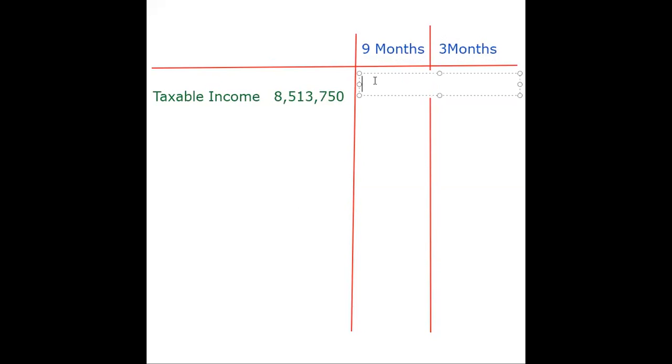Then what you need to do is this: 8.5 million divided by 12 multiplied by 9, or you can take it as 4 divided by 3, right? Can anyone help me with what is the exact amount you need?